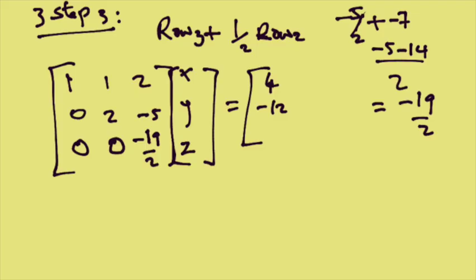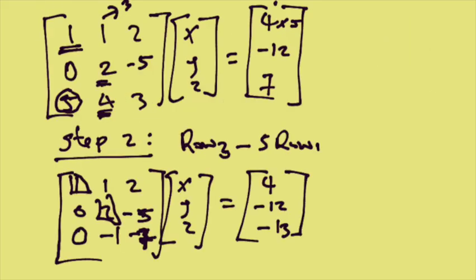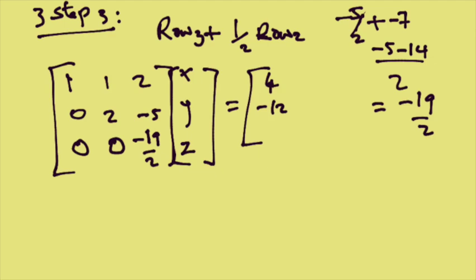And then we're going to add it to negative 13. So that's negative 13 plus negative 6, which will come down to negative 19.